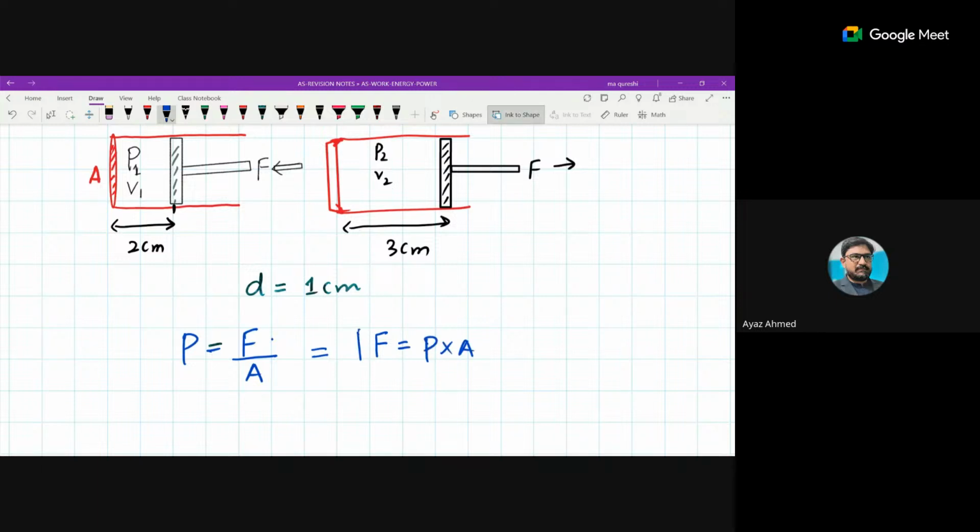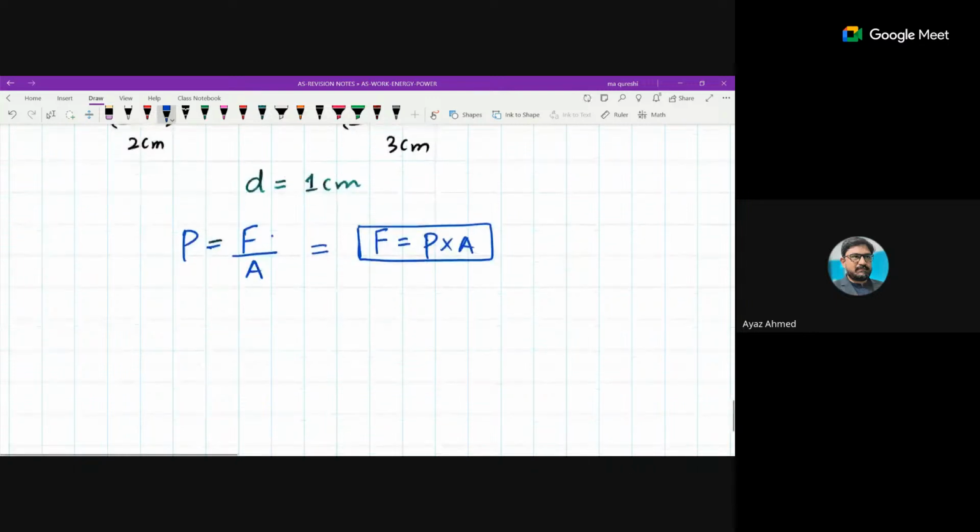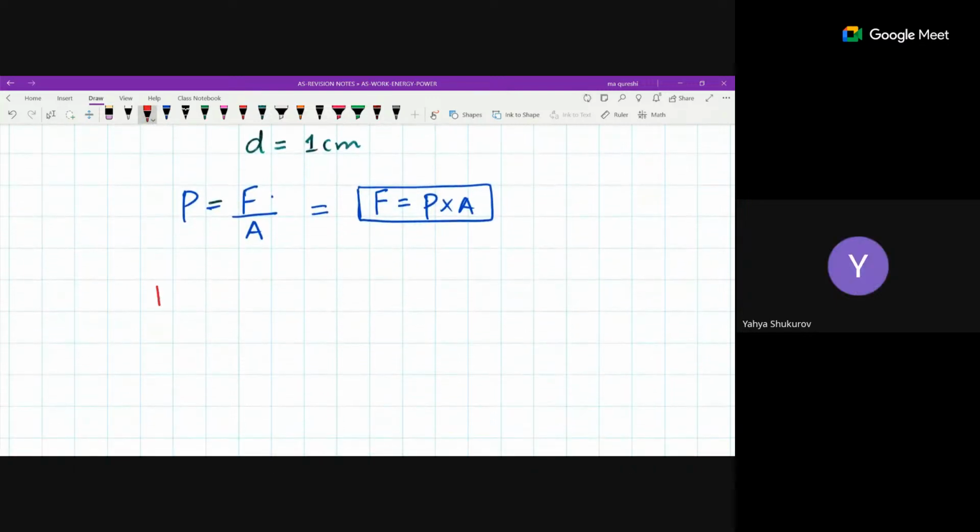Did you notice that? Now I will say that work done is equal to F into d, the displacement that has been done. So your force is pressure times area into d.